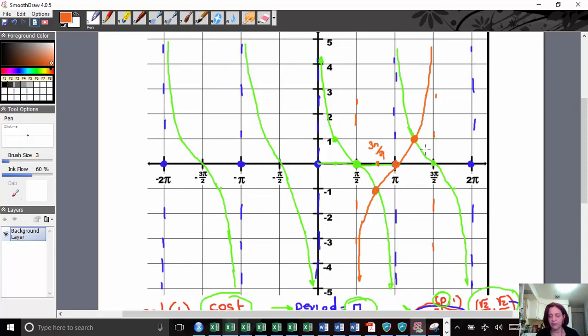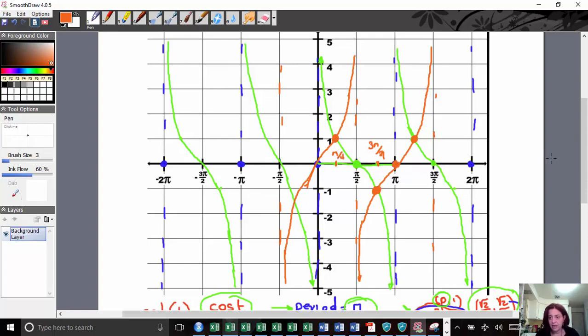They meet here, and they would also meet here because this is another vertical asymptote for the tangent. If I want to graph my tangent, it will look like this. And almost right here. And this is pi/4.